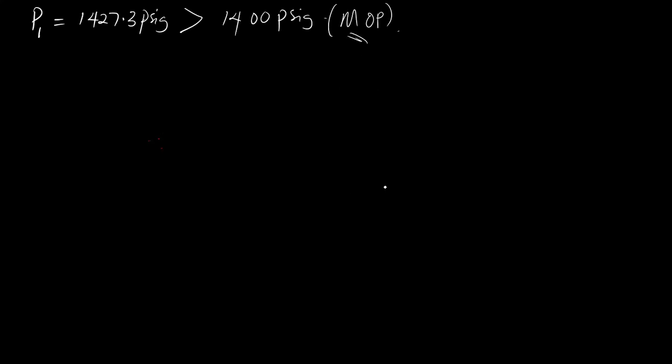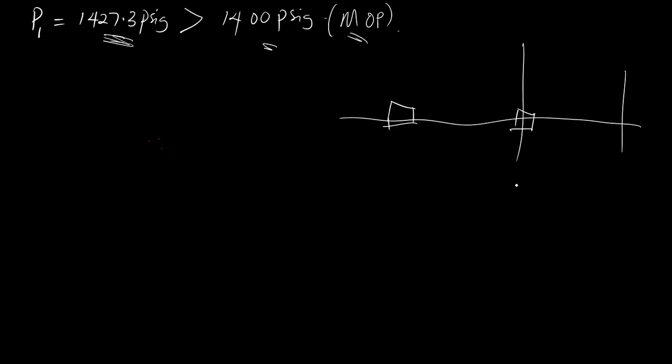So it means that one compressor cannot function properly because it will be giving us a pressure greater than the maximum operating pressure of the pipe. So since it's giving us this higher than that, what I am proposing is a two compressor system where now here is 700.